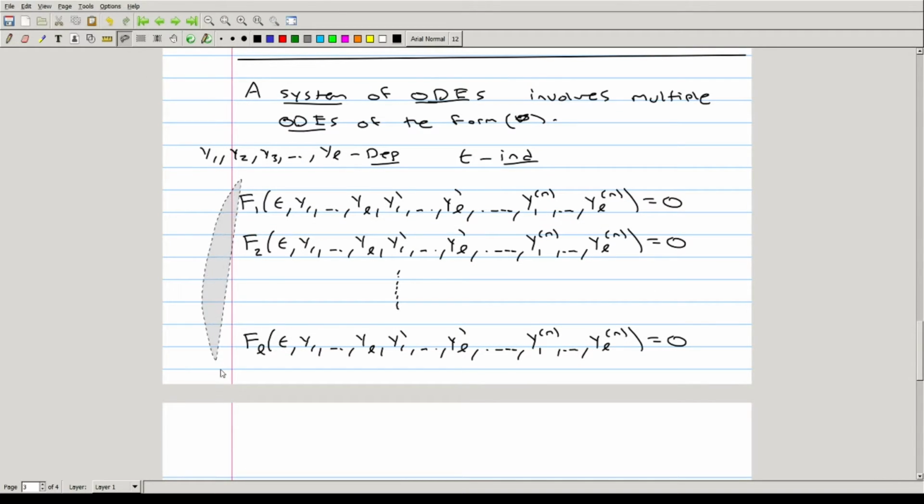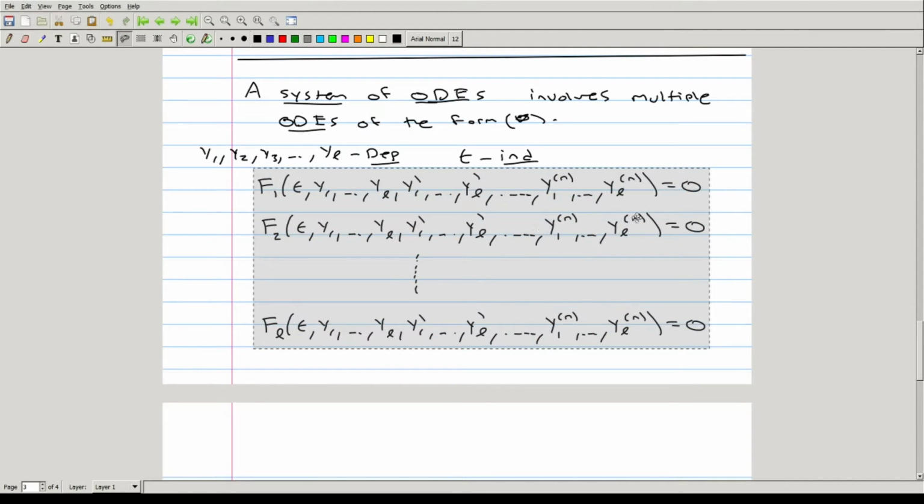But the idea here is that in order to solve a system of differential equations, where we are essentially solving for L differential equations, solutions are of the form of functions of t.